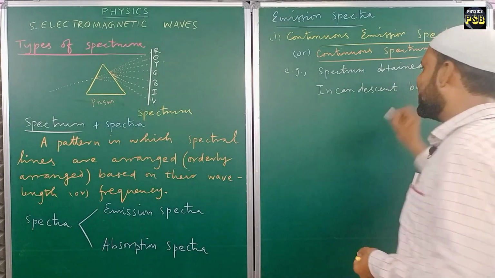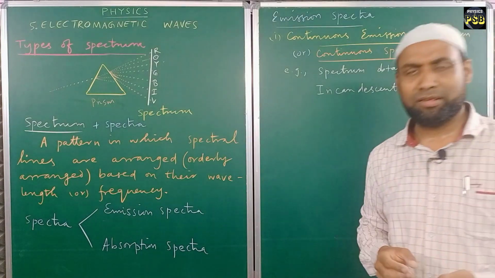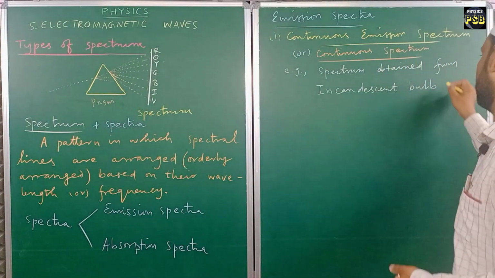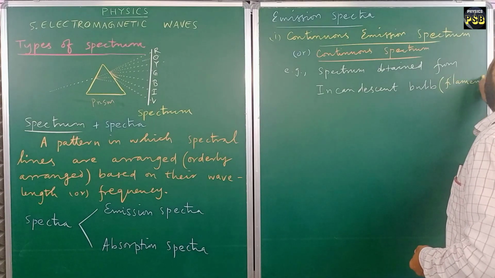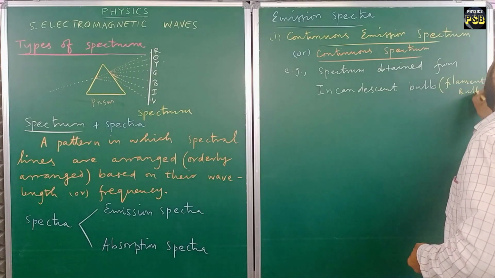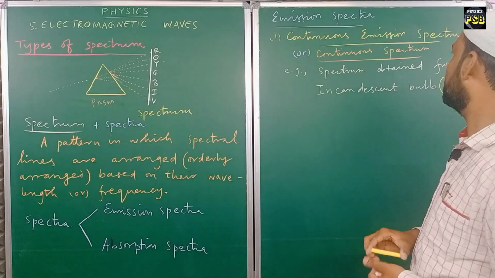What is this incandescent bulb? An incandescent bulb is nothing but a filament bulb. That's all about the continuous emission spectrum.